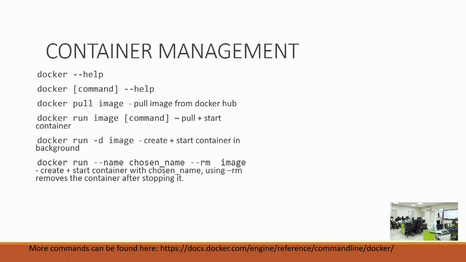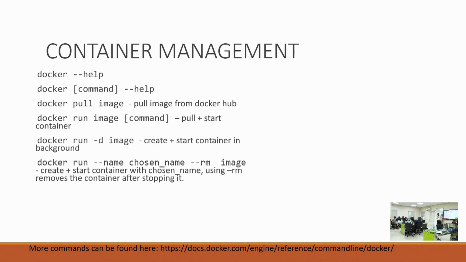So let's continue, please. If I want to give the container a name, I just pass --name and the chosen name. Please let's pay attention. Then if I want to remove the container after I stop it, I can use --rm. These are arguments we can pass to the docker run command, and we must always specify the image.